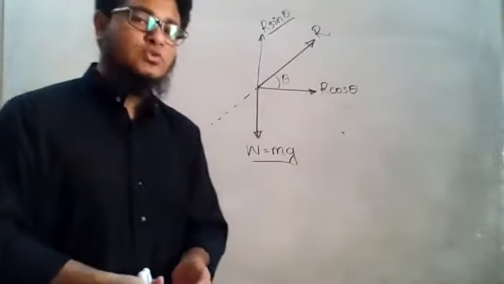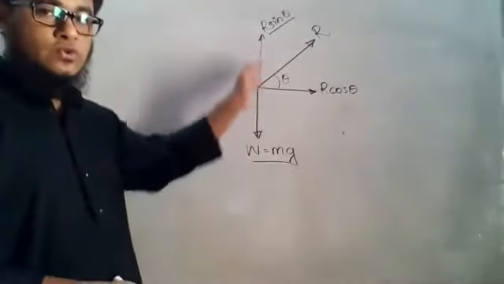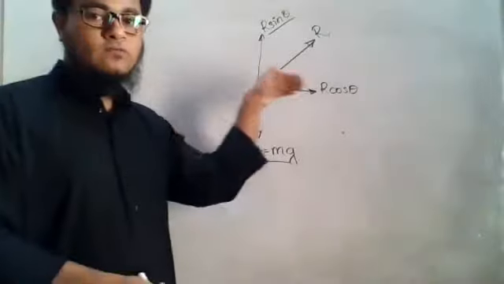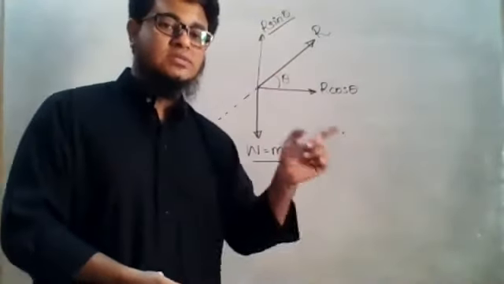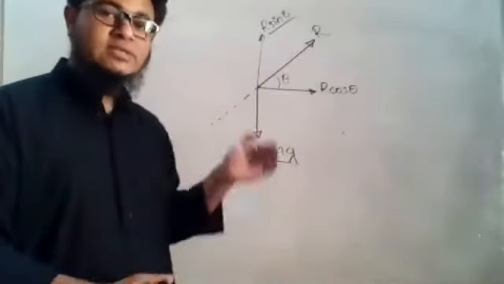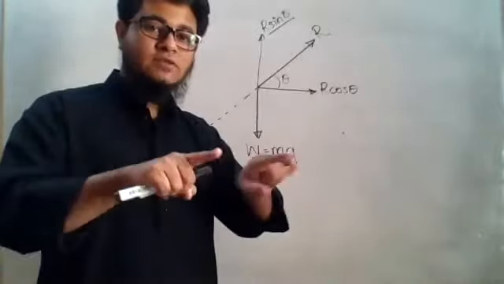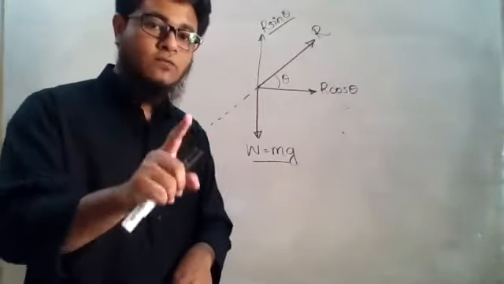Now think about it in this way: if he was riding straight, the action-reaction force would have been in a straight line only. No force would have been generated towards the center of the road, right? Now, as he is inclined a little bit, he is getting the reaction force at an angle with the ground, and that can be resolved into two perpendicular components.